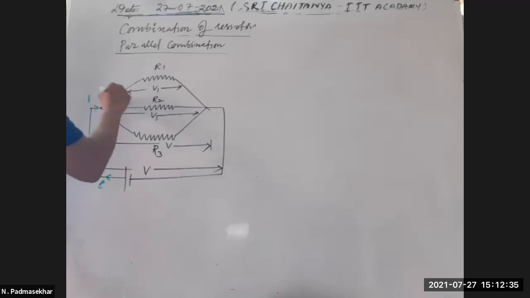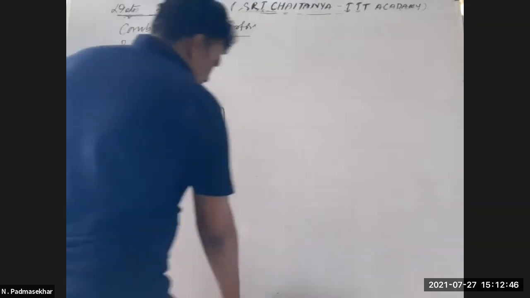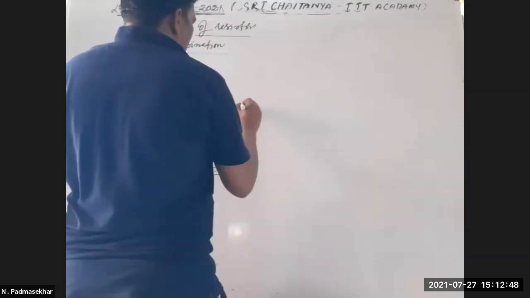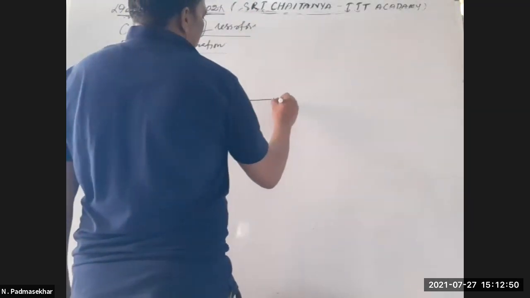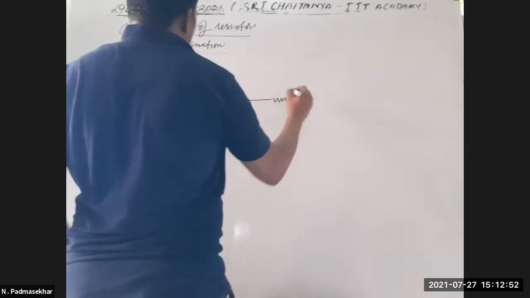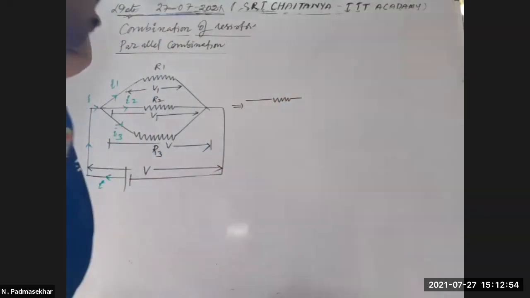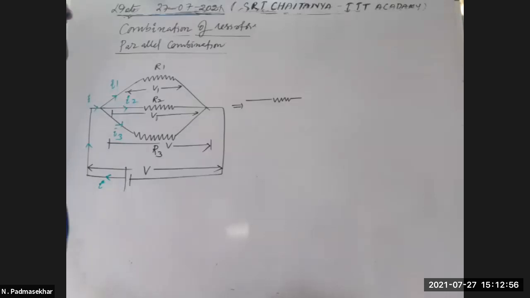So this I, the current I1 is flowing through that branch, I2 is flowing through this branch, I3 is flowing through this branch. So now the equivalent resistance. Equivalent resistance means all three are replaced by a single resistor in the parallel combination.